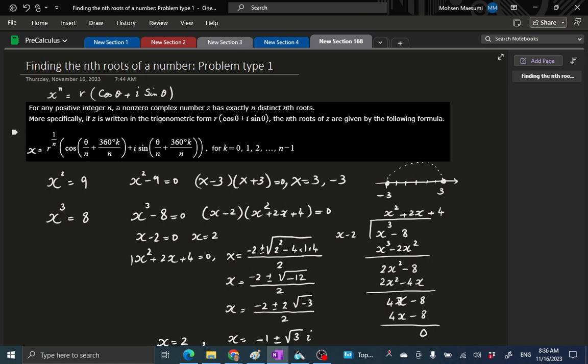Then we find one point. That is what the theta over n means here. And then we take turns, rotating that by 360 degrees over n.